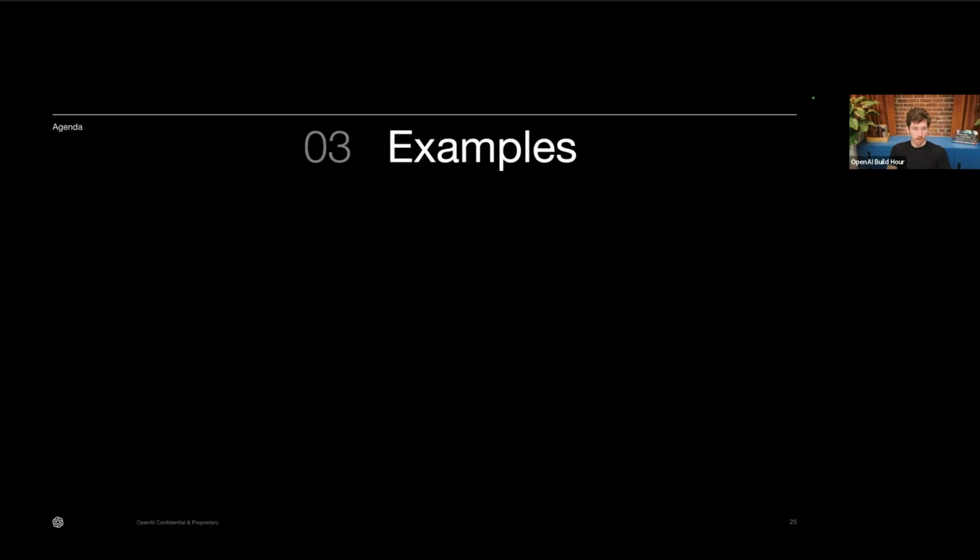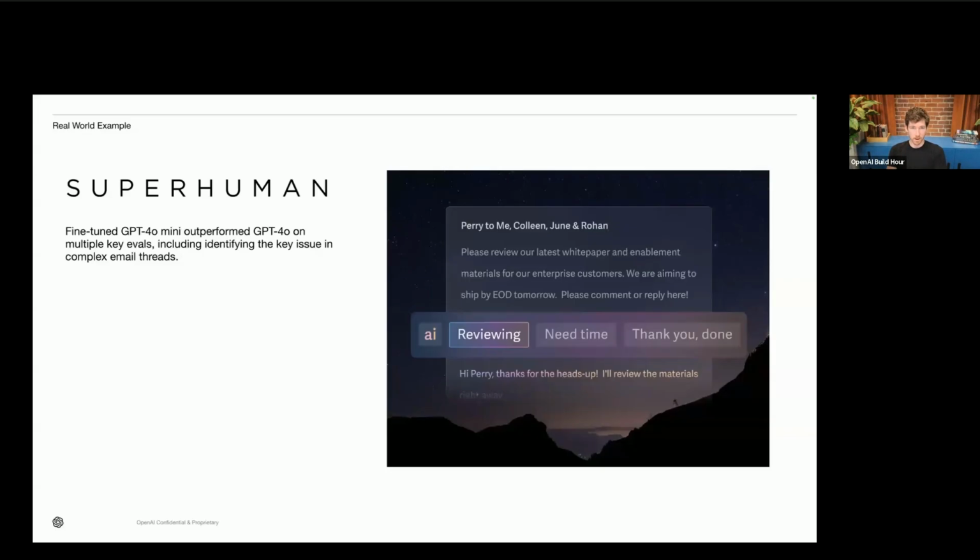Cool. We made it. The code ran. Hopefully we learned a lot. Hope that was interesting. Now, I do want to highlight a couple examples of how folks are benefiting in the wild. Again, this has only been out for a very short amount of time, but I personally have been working pretty closely with Superhuman and really impressed with how well they've been benefiting from 4o and 4o mini fine-tuning.